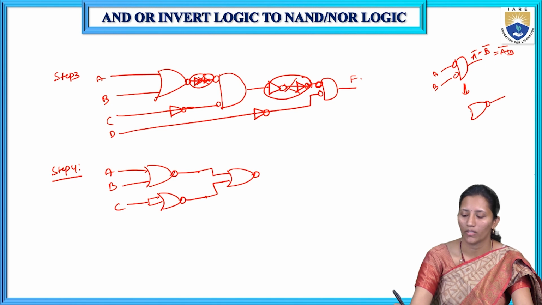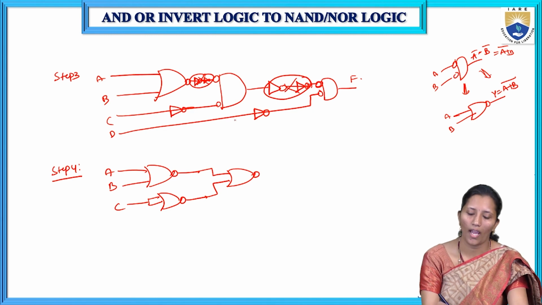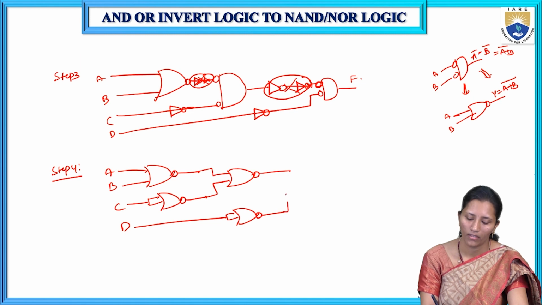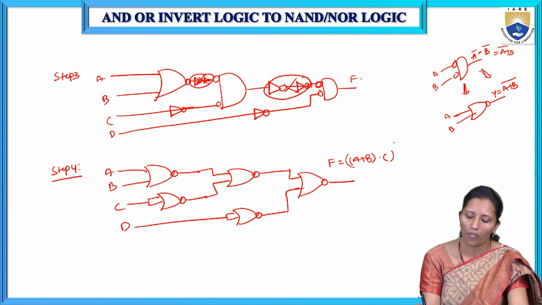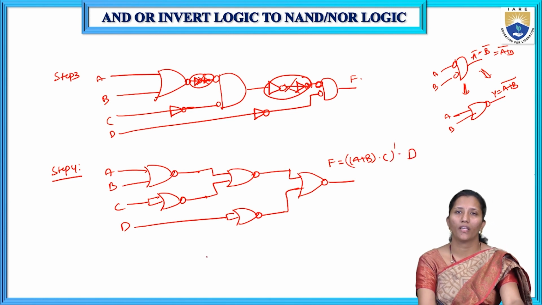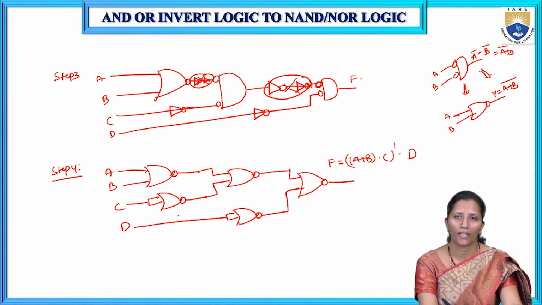We have the bubble at the input side, we should not add bubbles at the input side. So A, B, that is Y is equal to (A plus B) whole bar. So the same equation we are getting here. So bubbled AND is equal to the NOR gate, and D is given to the inverter, which we should represent in terms of a NOR NOT gate. So here F is equal to (A plus B) into C complement into D. Each and every gate is represented by NOR gates only.